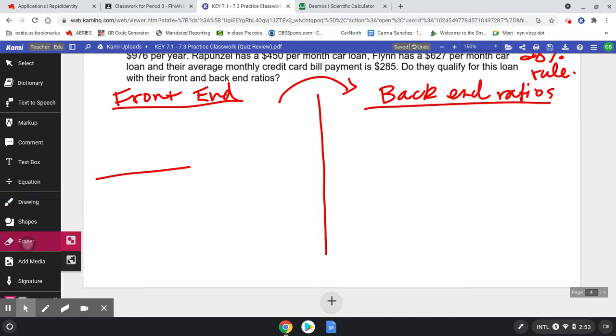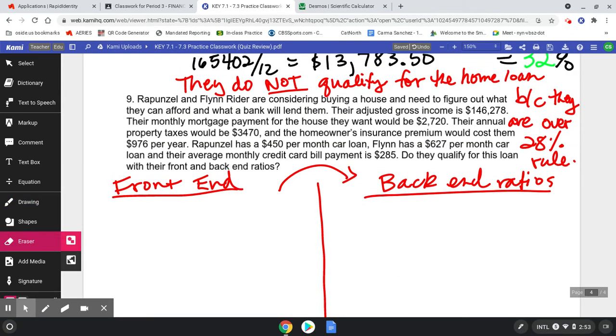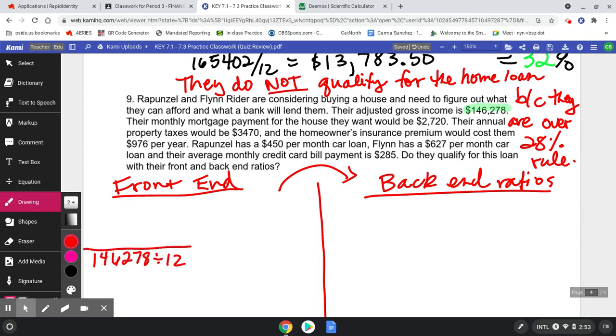So remember that we're going to need that income. 146,278, this guy right here. Let's divide that by 12 so we have that for the denominator. 146,278 divided by 12. Grab your phone calculators.